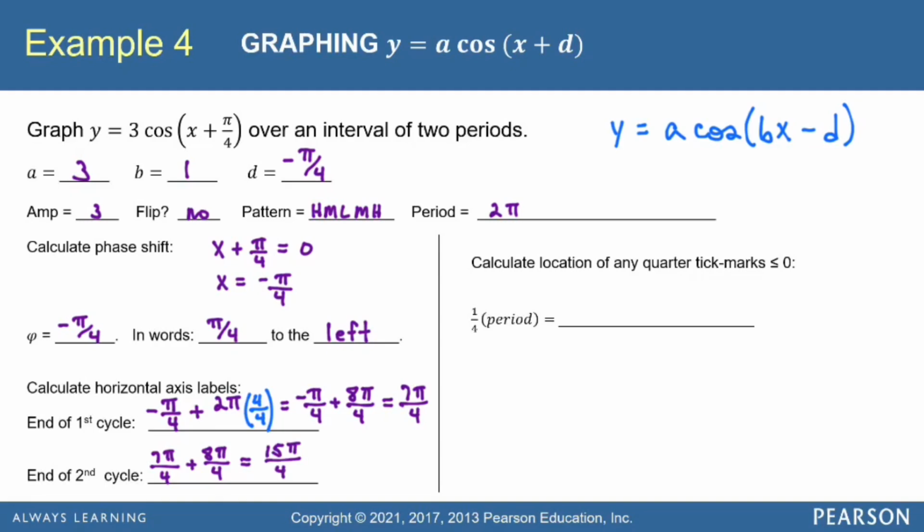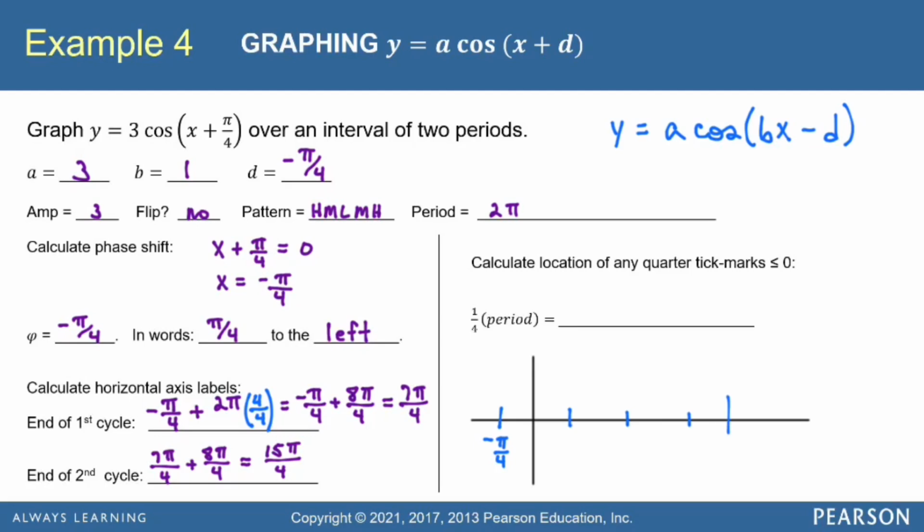Okay, now here is the part we haven't seen before. We know that when we place our initial tick mark on the horizontal axis, that first tick mark is going to go at the phase shift, which is negative pi over 4. But what we don't know is where the next 4 tick marks should be placed in relation to the axis. So we don't know if we should go 1, 2, 3, 4 like that, or maybe 1, 2, 3, 4 like that, or maybe it's 1, 2, 3, 4.